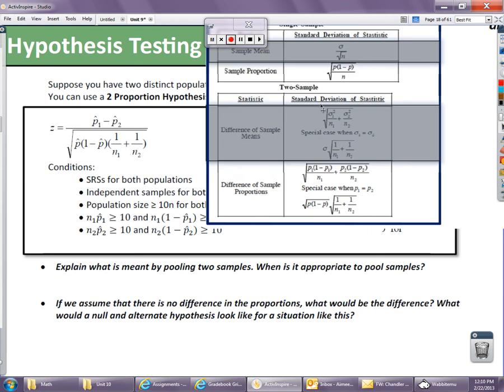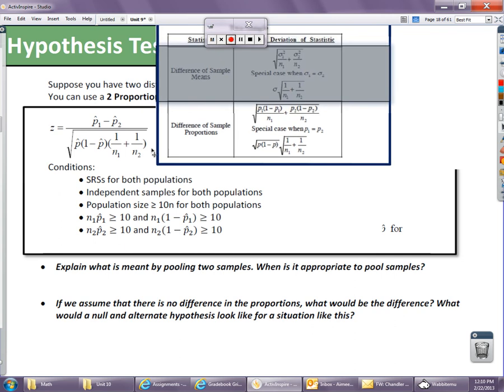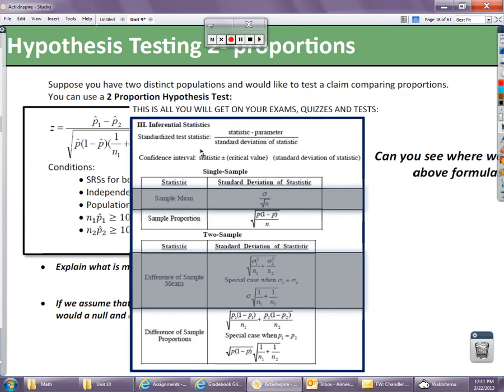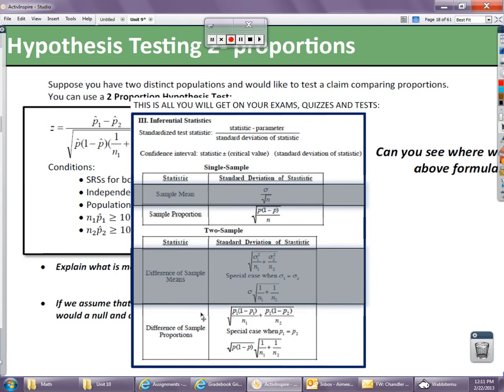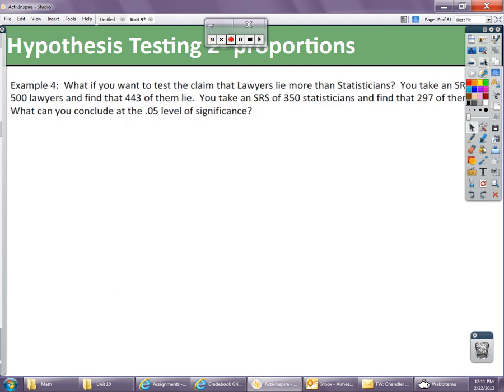It may look a little bit different, so if you compare this formula at the bottom and this formula here, you can see that they're a little bit different. It's just that the square root is over the whole thing here, where it's over each piece. It's actually the exact same thing. Notice this says p and this says p hat, because remember we're using the pooled sample in this case. There is no true p-value that we're actually solving for, because we are looking for the difference in the two proportions. Okay?